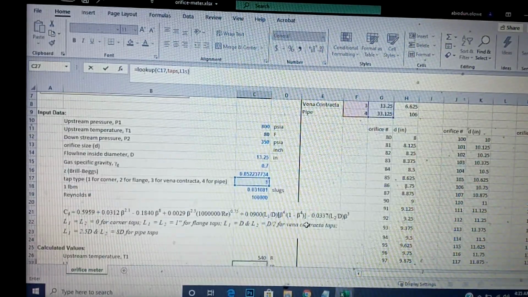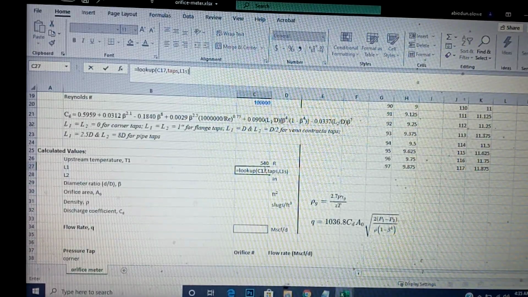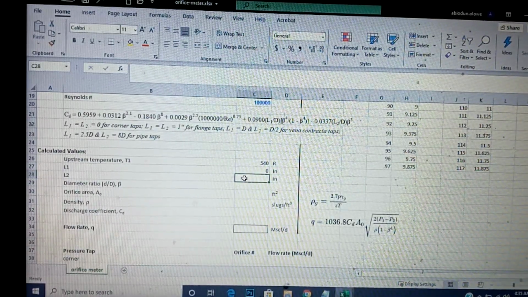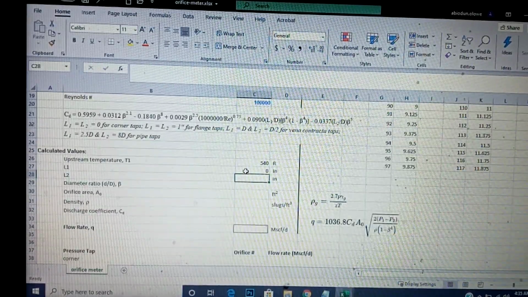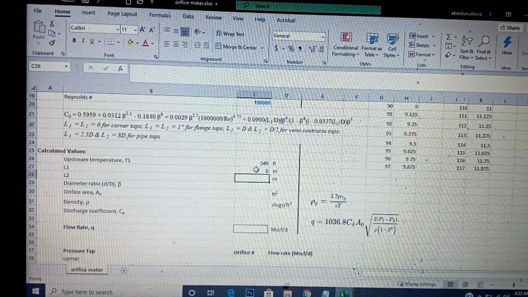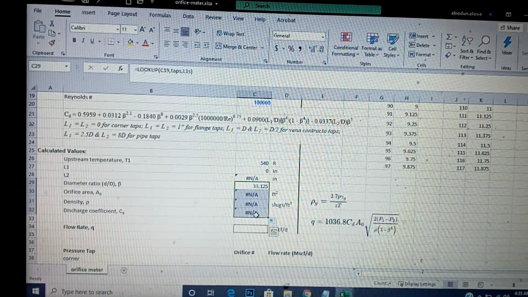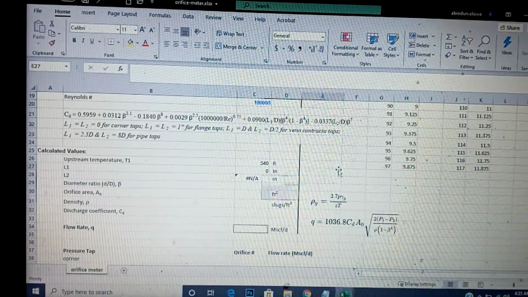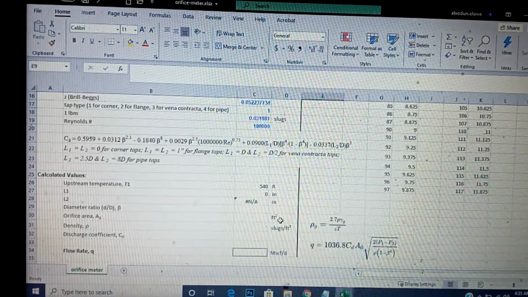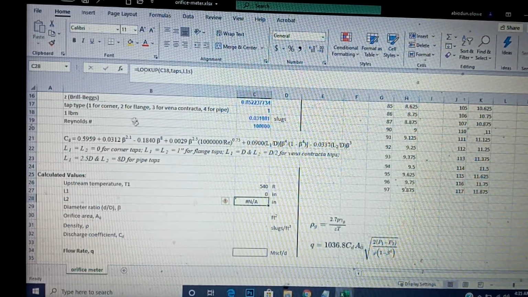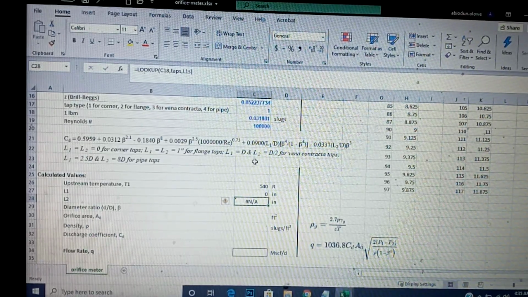So that's it. I'm going to do the same thing for L2. So it should be 0 there. Yeah. Because L1 is 0 for corner. This one also should be 0. So I'm going to do the same thing here. Okay, let me type it. Equals lookup. Okay, so it's going to be C17.